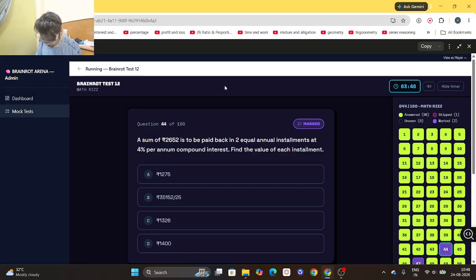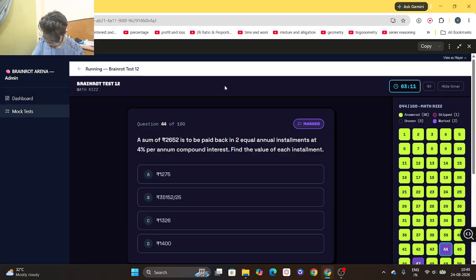So 2652 is equal to the annual installment into 1 minus 1 plus r by 100 to the power minus n, upon r by 100, if I remember the formula correctly. So 1 plus 4 by 100 to the power 2, upon 4 by 100.